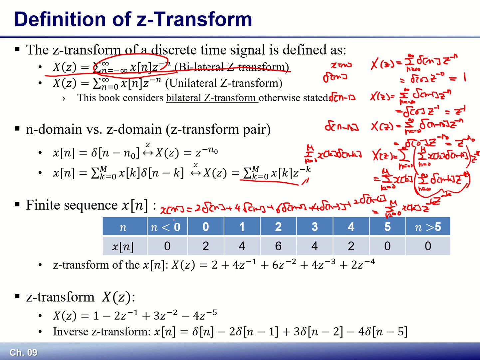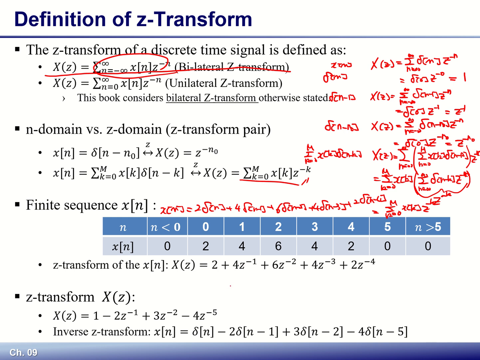When you take the Z transform, delta[n] will be 1, and each term takes the Z transform and summation, because the Z transform is also linear, which we will study later. So we get 2 plus 4 z to the minus 1 plus 6 z to the minus 2 plus 4 z to the minus 3 plus 2 z to the minus 4. So for a finite sequence, we can express it as a polynomial of z.